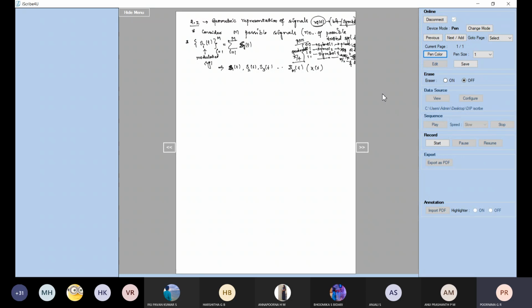How did we get x of t? What is x of t? As per the block diagrams we discussed in the previous class, x of t is equal to S of t plus the white Gaussian noise you are adding.